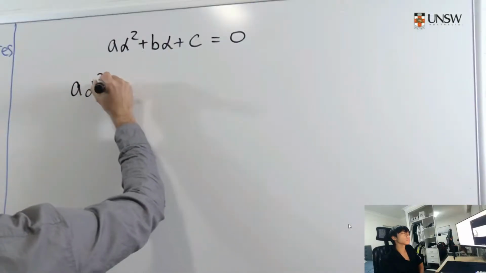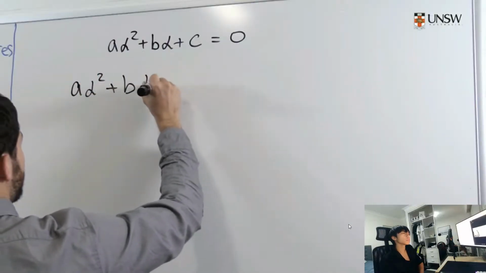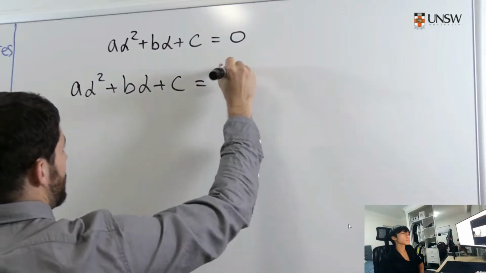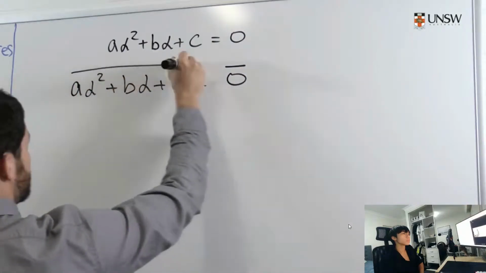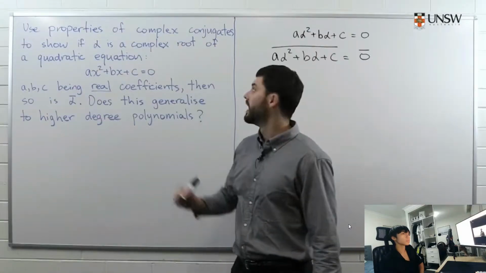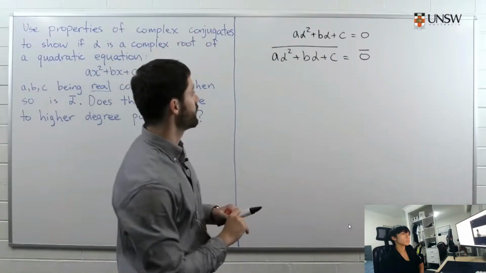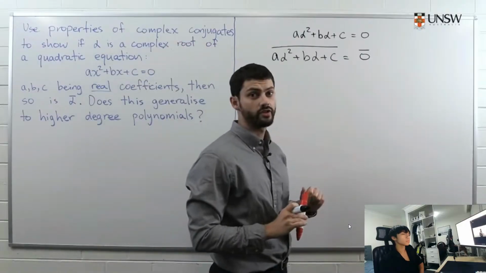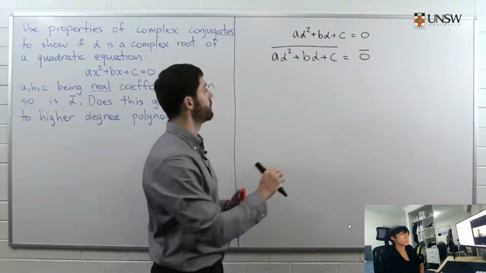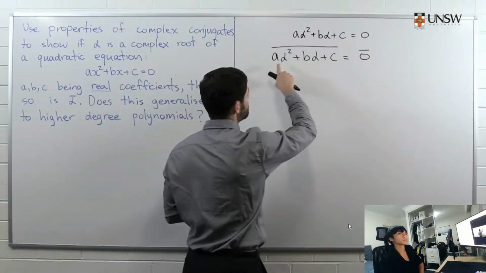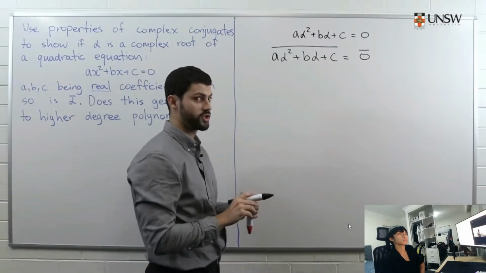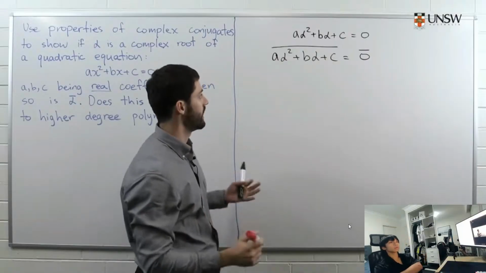So what we get is A alpha squared plus B alpha plus C equals 0, and we conjugate both sides. And now we're going to use the properties of complex conjugates to simplify this. First of all, the conjugate of 0 is 0. The other property we're going to use is if we have sums of complex numbers and we take the conjugates, we can first take the conjugates and then take the sum.